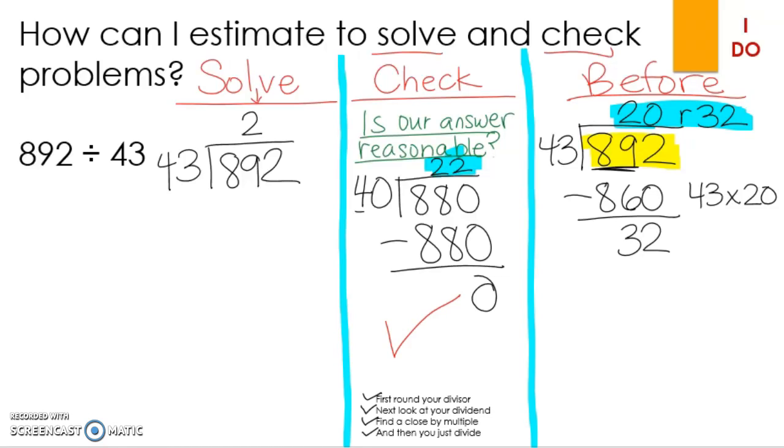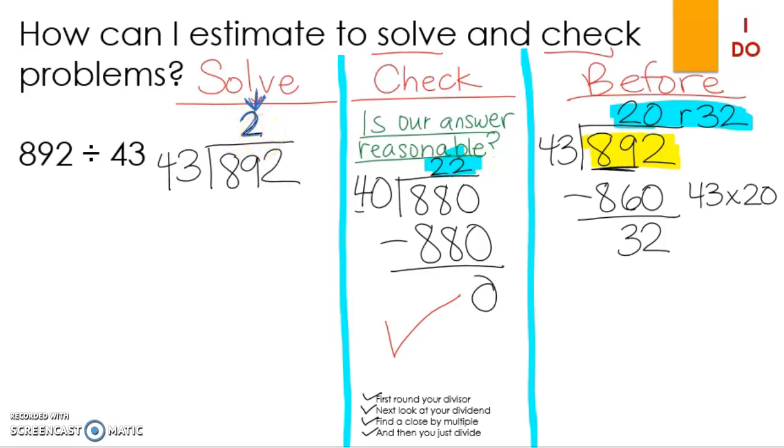Now, some of you might have lost me there, and you're thinking, wait, what? But notice a little arrow here. This arrow puts the 2 in the tens place. So that's where we get the idea, okay, 43 goes into 892 20 times. The 2 is in the tens place.